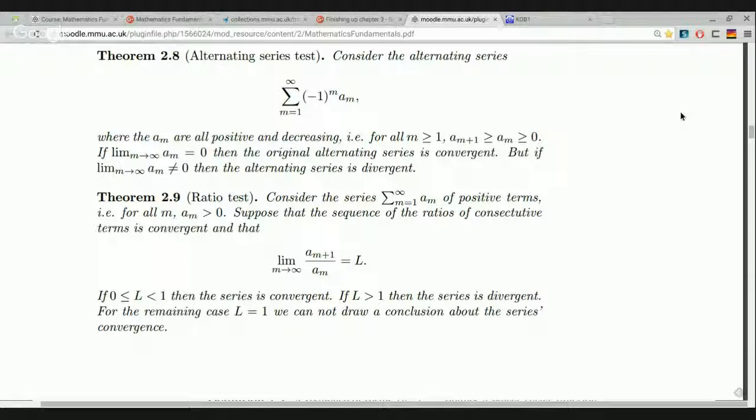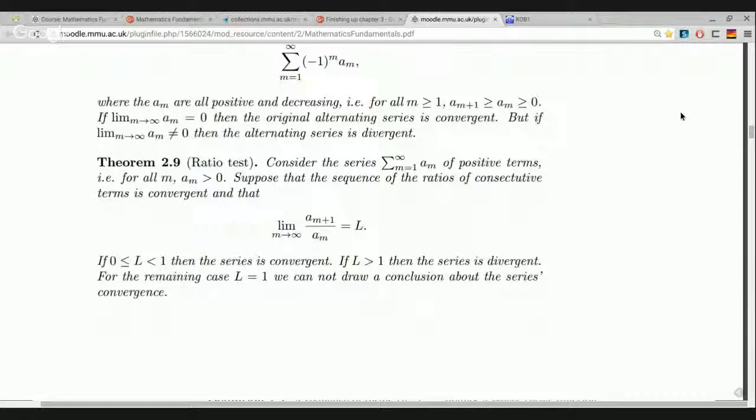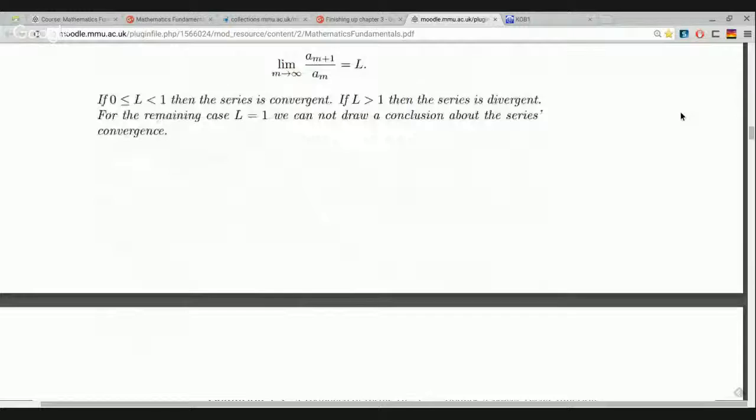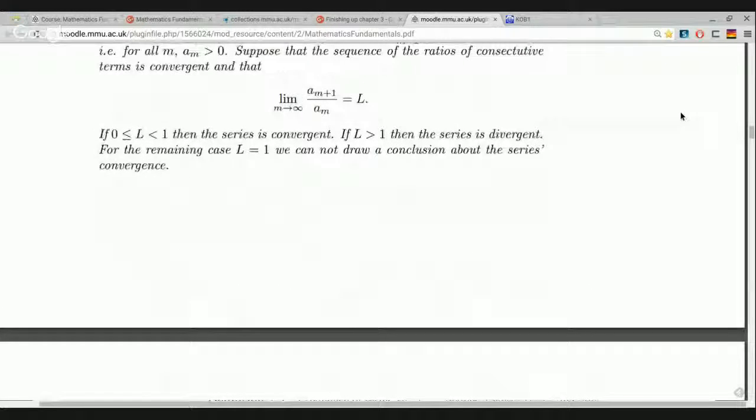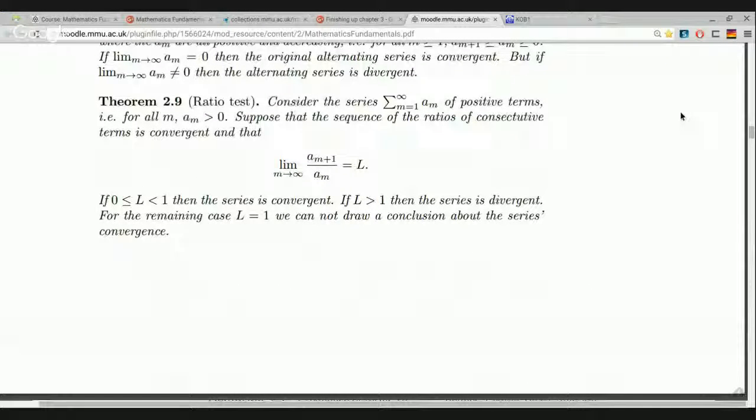behind the proof. To prove it formally, you'd need to go back to an epsilon argument and possibly using the comparison tests as well. Then we looked at two tests, the ratio test and the root test, and these were both combinations of the comparison test and the geometric series test.